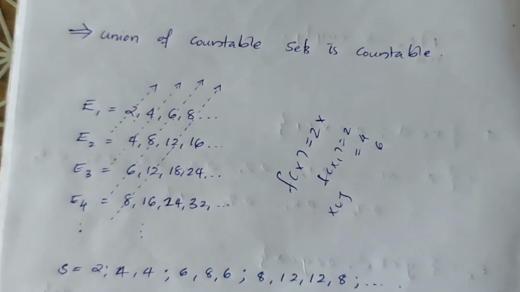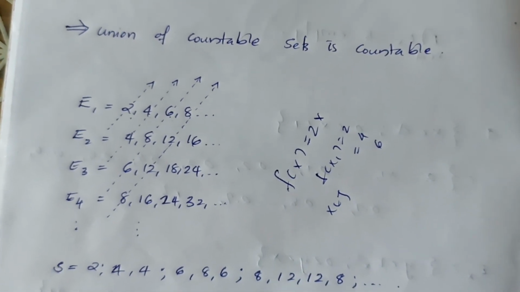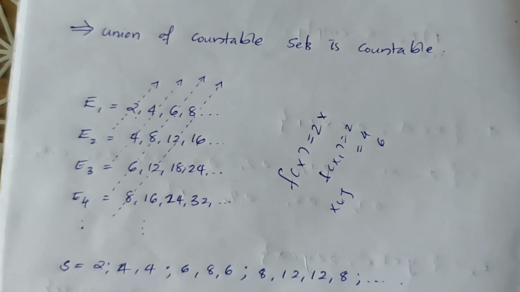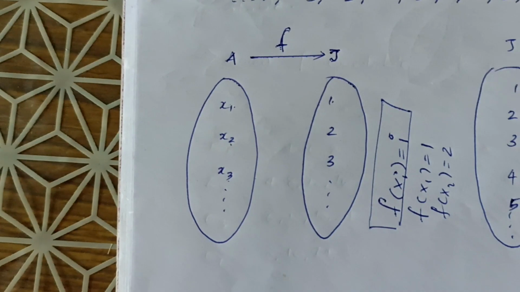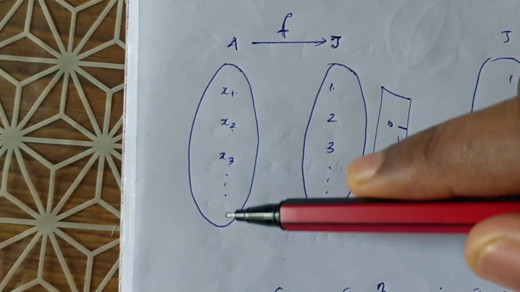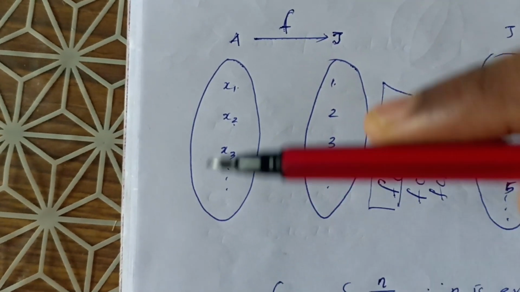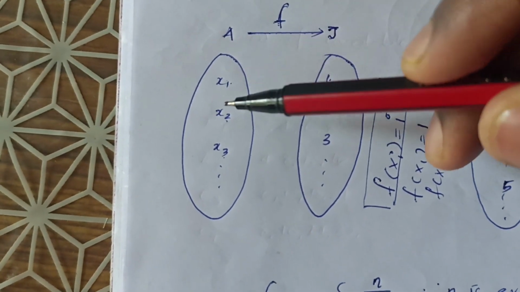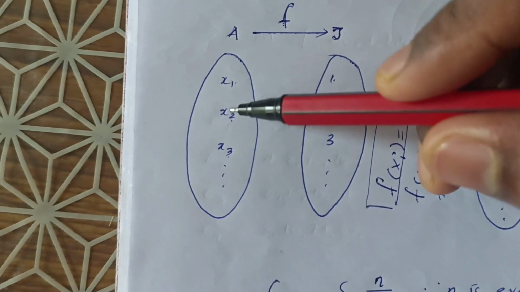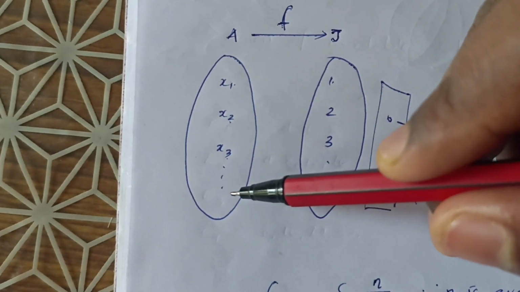Okay. Do you know how Rudin explains it? Rudin explains in a more mathematical way. I will show you by an example. Look here. We have a set A with elements x1, x2, x3, etc. We can say this is countable when we can count the elements in it like 1, 2, 3, 4, right?